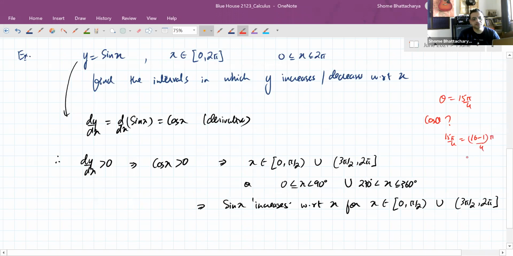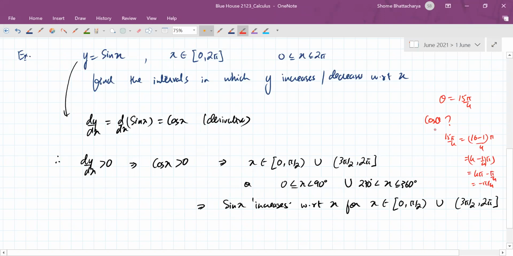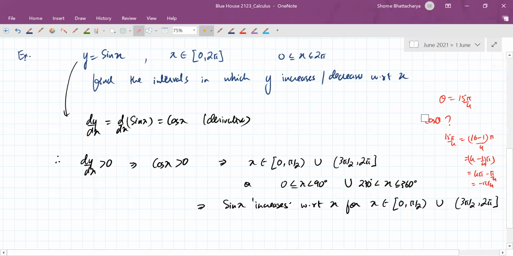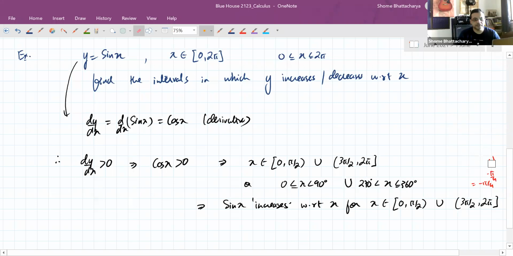That would be 4 minus 1 by 4 pi, which equals 4 pi minus pi by 4, so that's equivalent to minus pi by 4. Cos of minus pi by 4 would be plus 1 by root 2, but sine of minus pi by 4 would be minus 1 by root 2. So for any angle above 360 degrees or greater than 2 pi, you can always use the circularity principle.